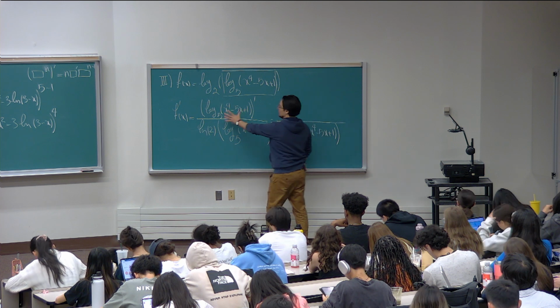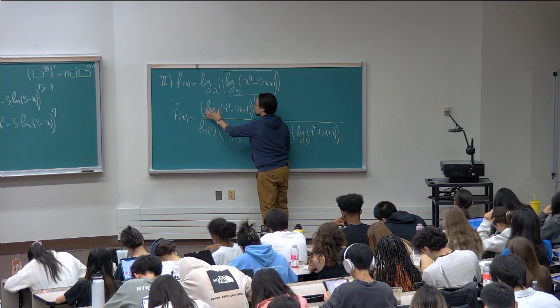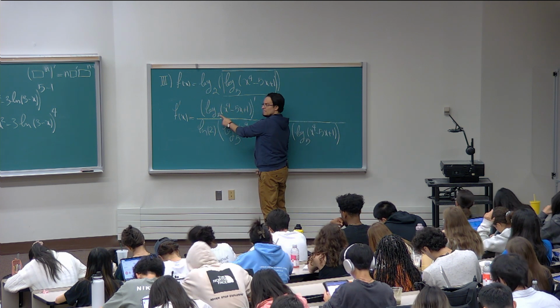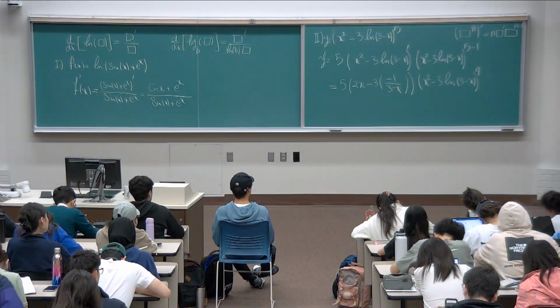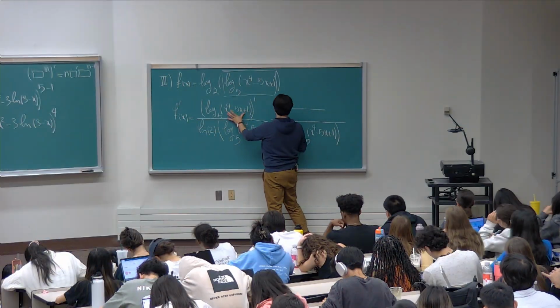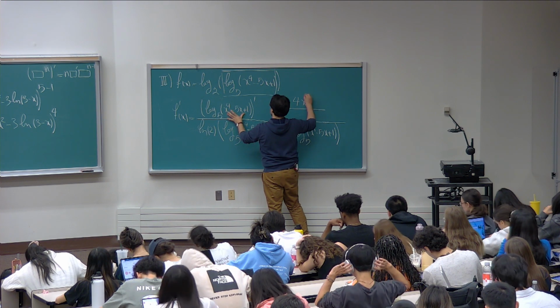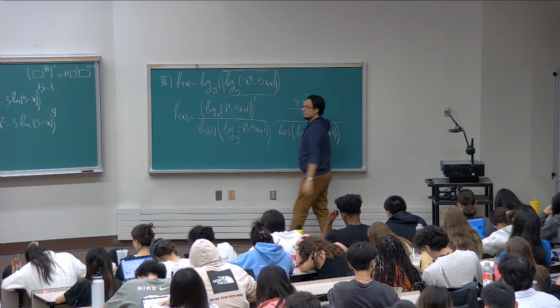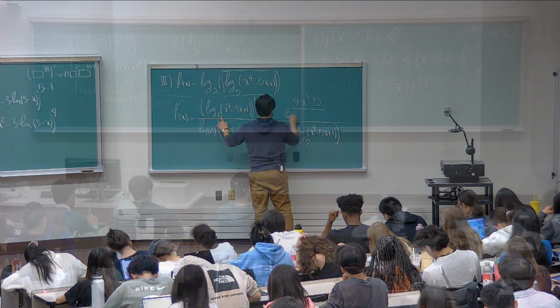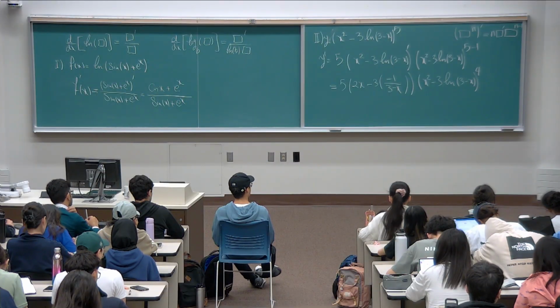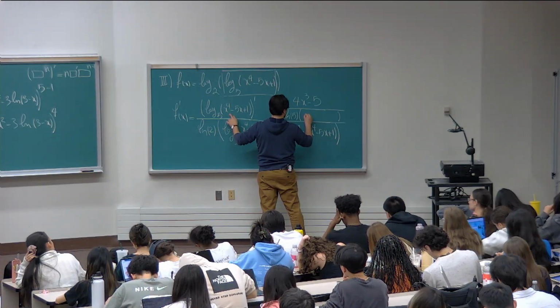But this part here is log of something base 5. Then that itself is going to be box prime, 4x cubed minus 5, divided by ln of base times box.